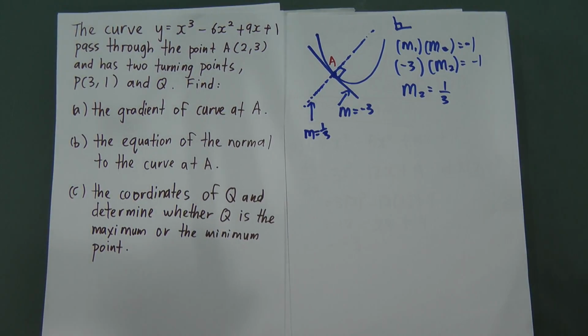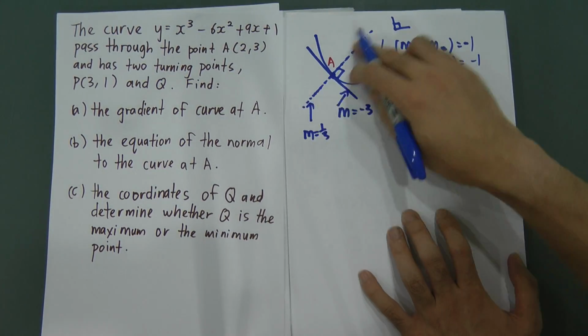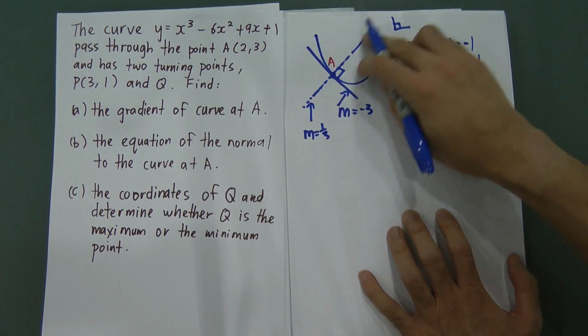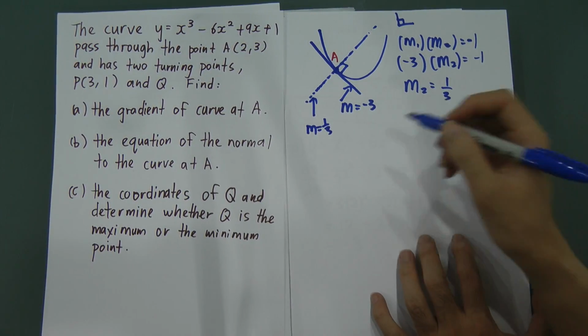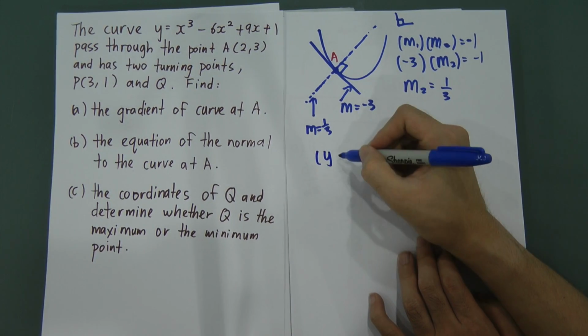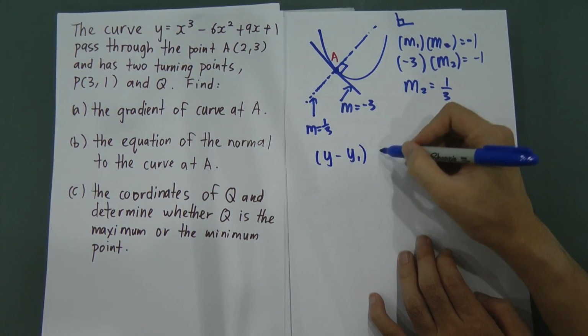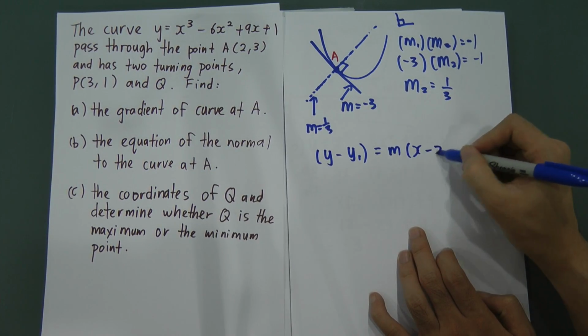After I got the other m, he wants to find the equation of the normal. He wants to find the equation of this straight line. It's very easy, we just apply this formula: y minus y1 equals m(x minus x1).